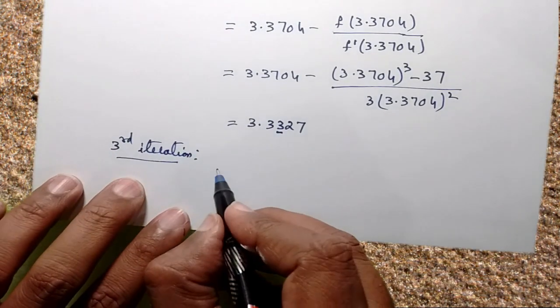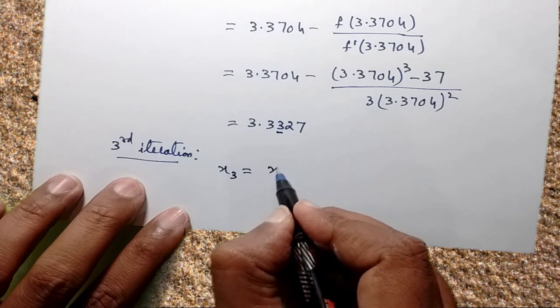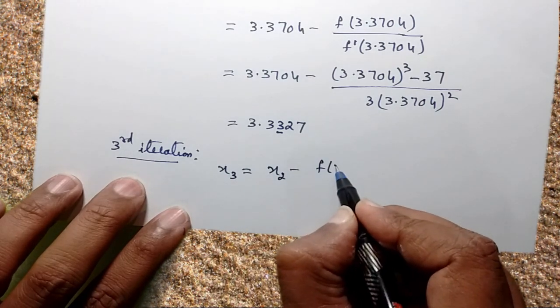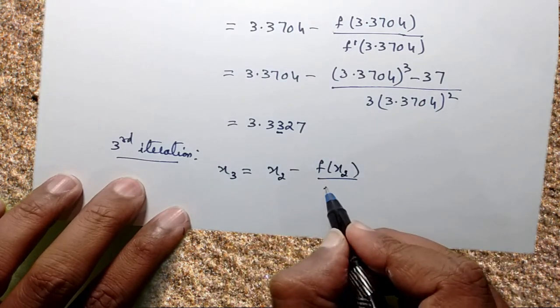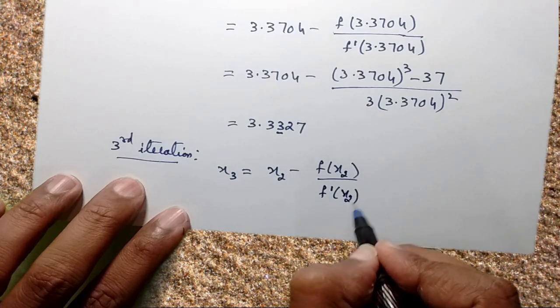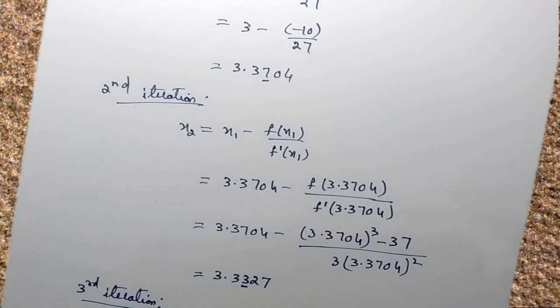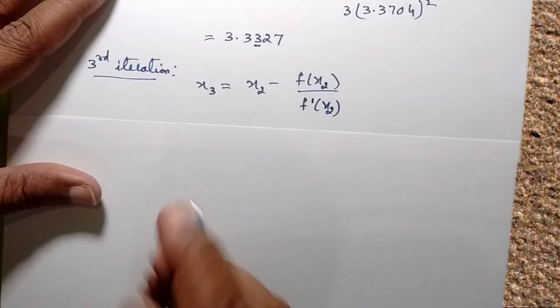So for the third iteration, x3 will be equals to x2 minus f of x2 divided by f dash of x2. Let us plug in that value of x2 here.